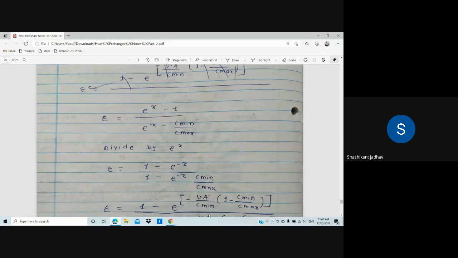Epsilon is equal to e raised to x minus 1 divided by e raised to x, if you do that, it becomes 1 minus e raised to minus x divided by 1 minus e raised to minus x into C minimum upon C maximum. Okay, so all of you write down, divide by e raised to x.